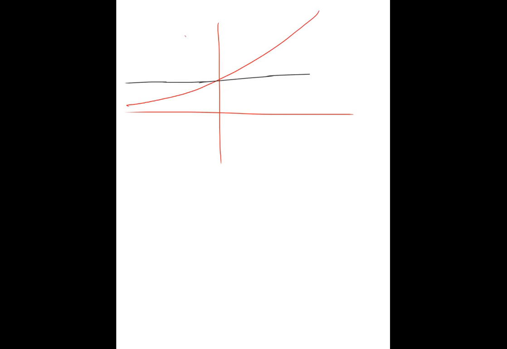We know that e to the power x is something like this, always greater than 0. So the graph will always be 1. This is the graph of y is equal to 1 for signum of this. Okay.